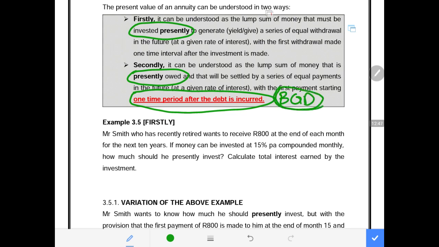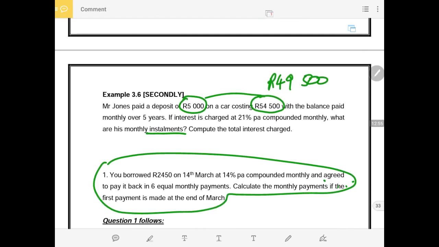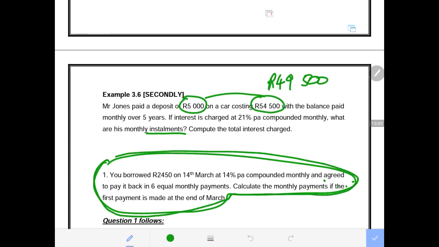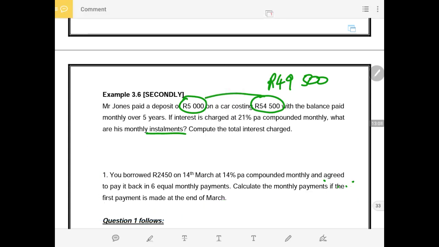We use BGN in this instance of the exercise we're coming into, which is under 3.6. This is when we'll be using BGN, because the next payment is not one time interval after, it is in the same time interval. Therefore, because it is in the same time interval, the BGN button is used.